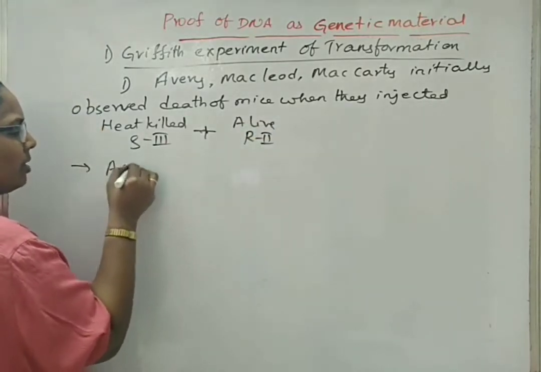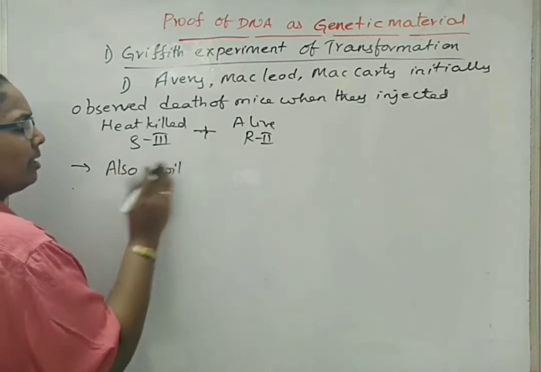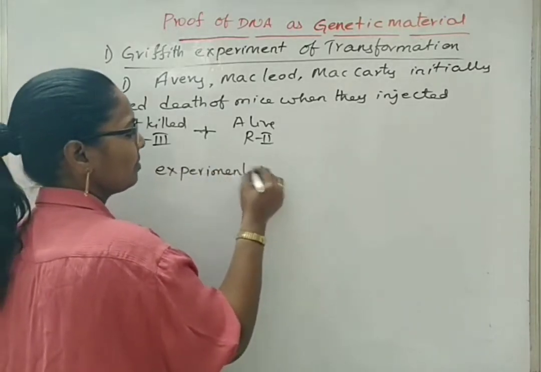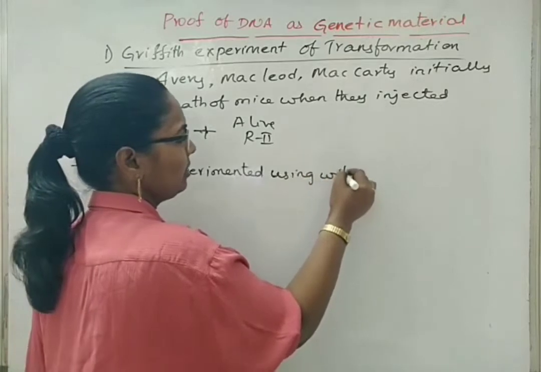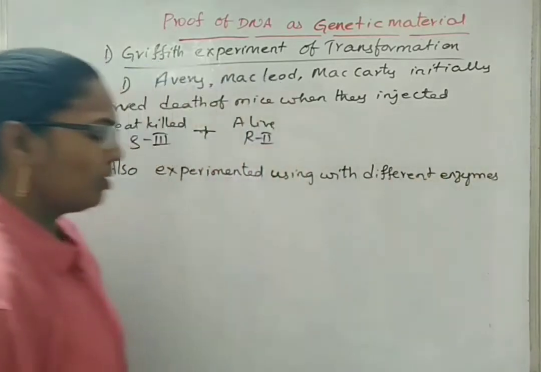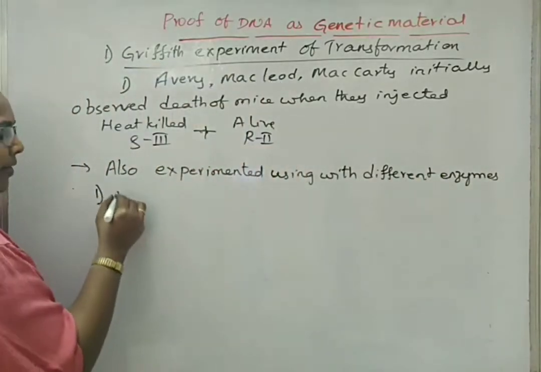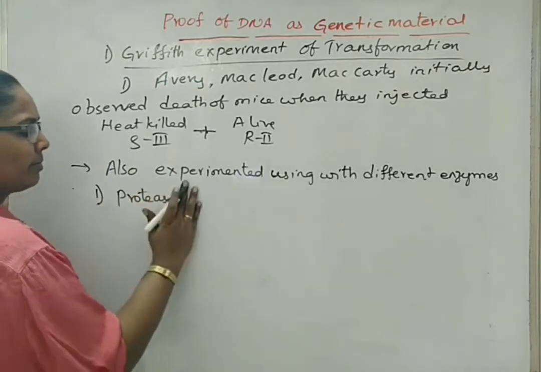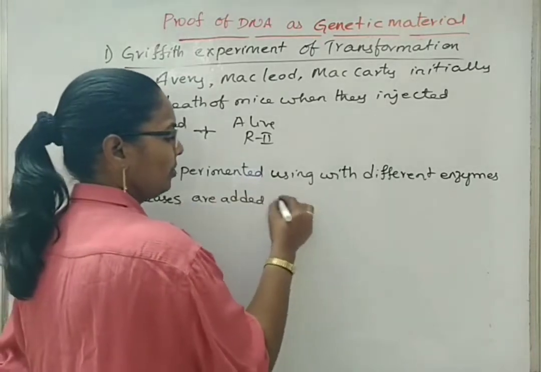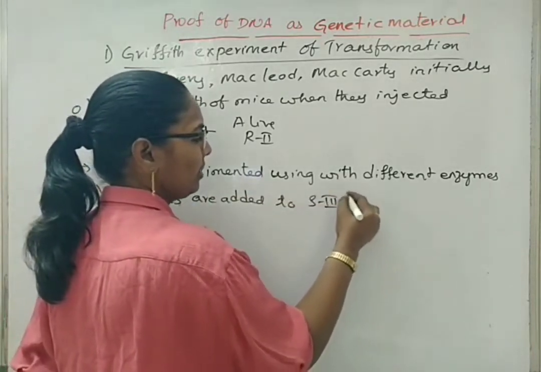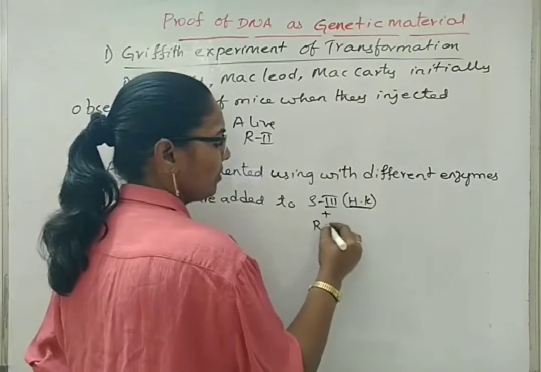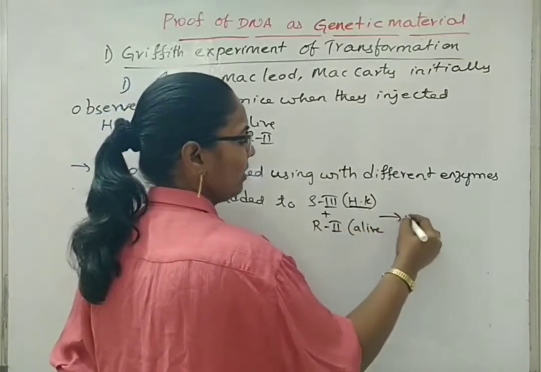They also experimented with different types of enzymes. So what are those enzymes? In the first case, when proteases are added to smooth strain 3, heat killed (HK), plus rough strain 2, live (Li), the mice died.